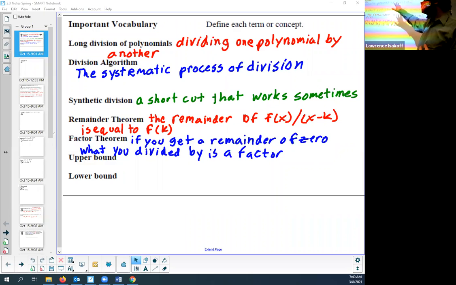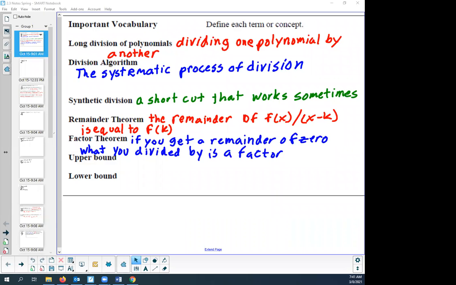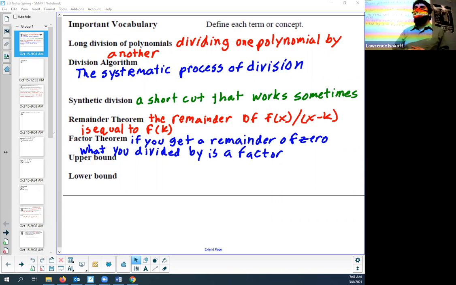The division algorithm is just a systematic process of division. You learned the division algorithm back in elementary school. I know some of you might be like, oh, we're doing long division again, I hated that in elementary school, I was never good at it.